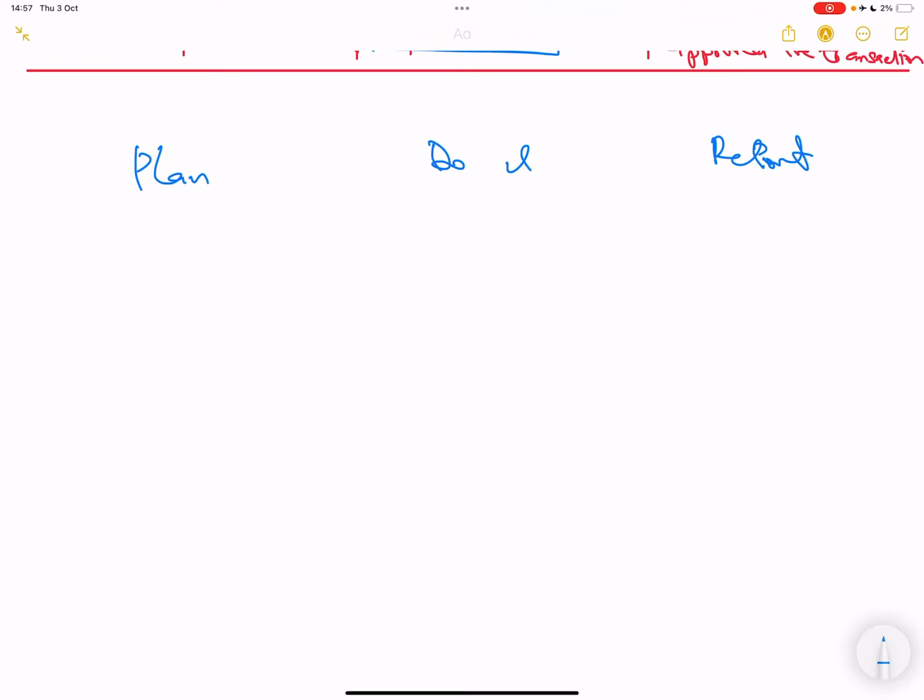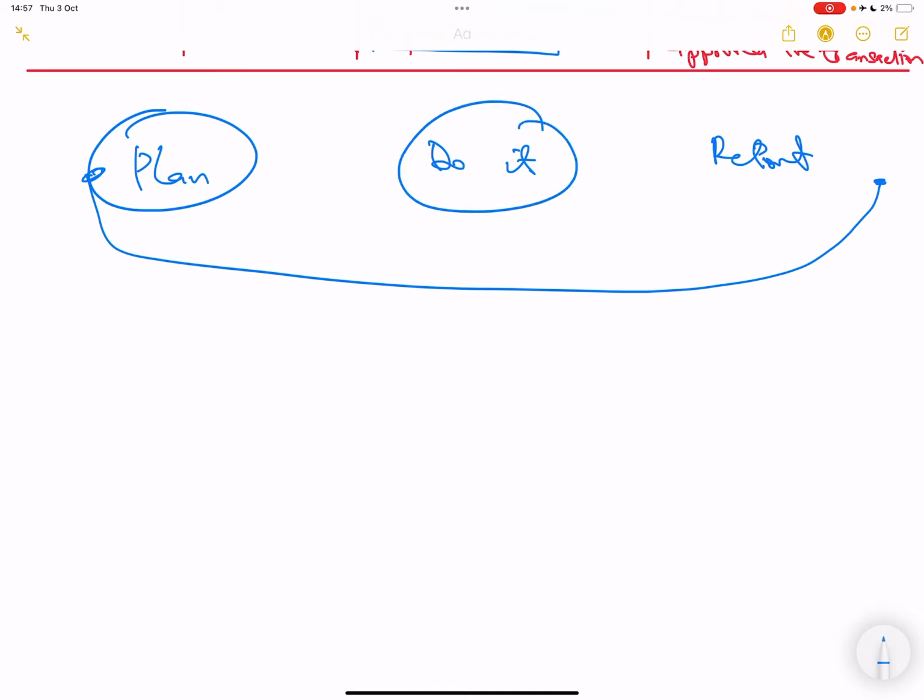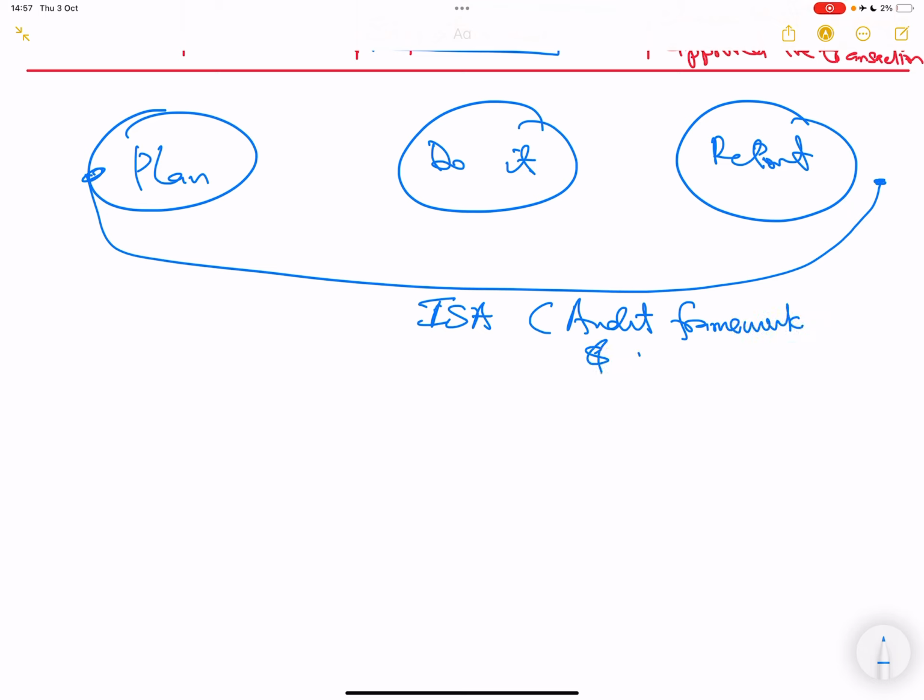And I said everything you do in all of these three stages, stage 1, stage 2, stage 3, is being managed and regulated by the ACCA, which is what we'll call your audit framework and regulations, which you have learned.